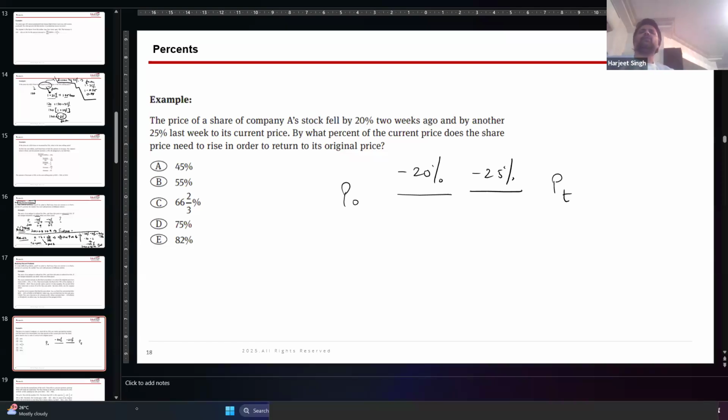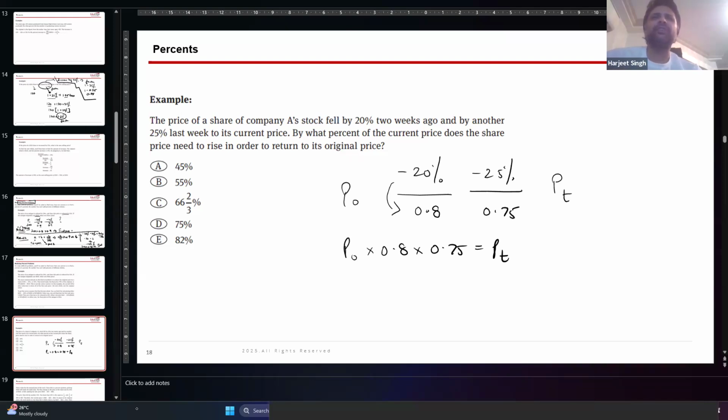Expressed in terms of factors, 1 minus 20% is 0.8, and 1 minus 25% is 0.75. Now can I say that P0 into 0.8 into 0.75 equals PT?